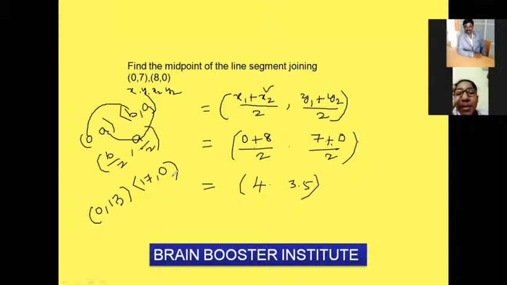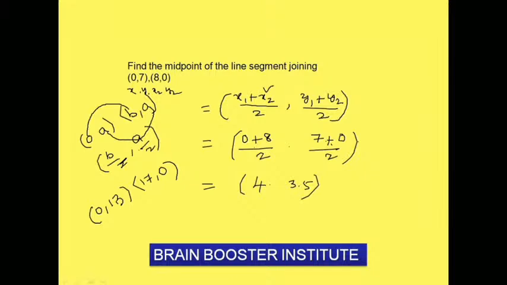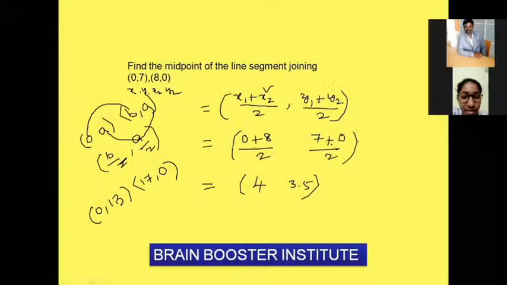Sir, could you just repeat the points? (0, 13) and (17, 0). Yes, sir. First coordinate is 17 by 2 and the second is 13 by 2.